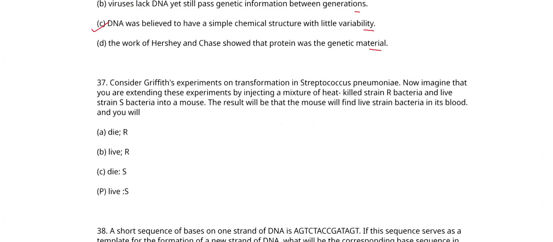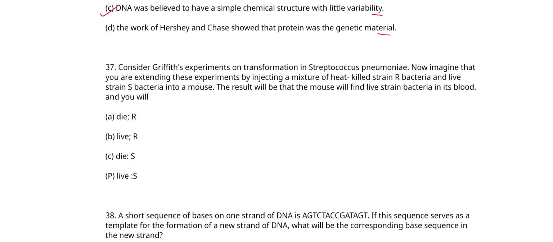Next question is 37. Consider Griffith's experiment on transformation in Streptococcus pneumoniae. Now imagine that you are extending these experiments by injecting a mixture of heat-killed strain R bacteria and live strain S bacteria into the mouse. The result will be that the mouse will die and you will find live strain S bacteria in its blood.